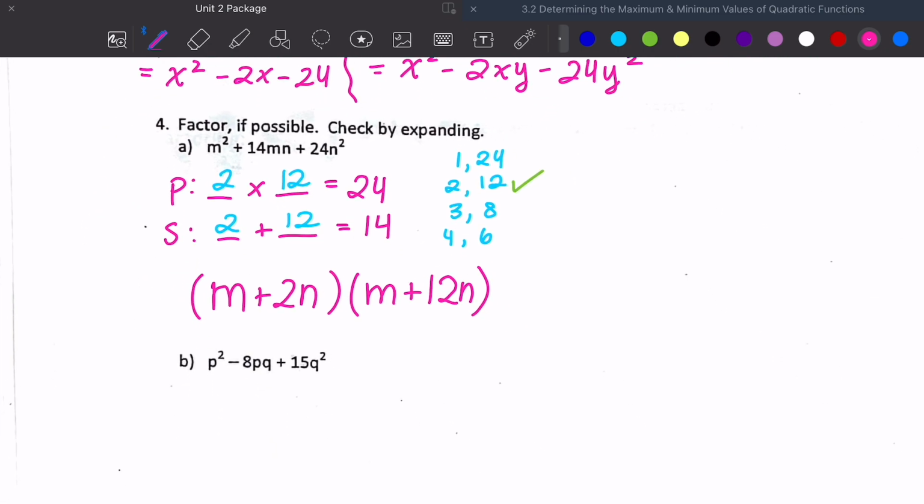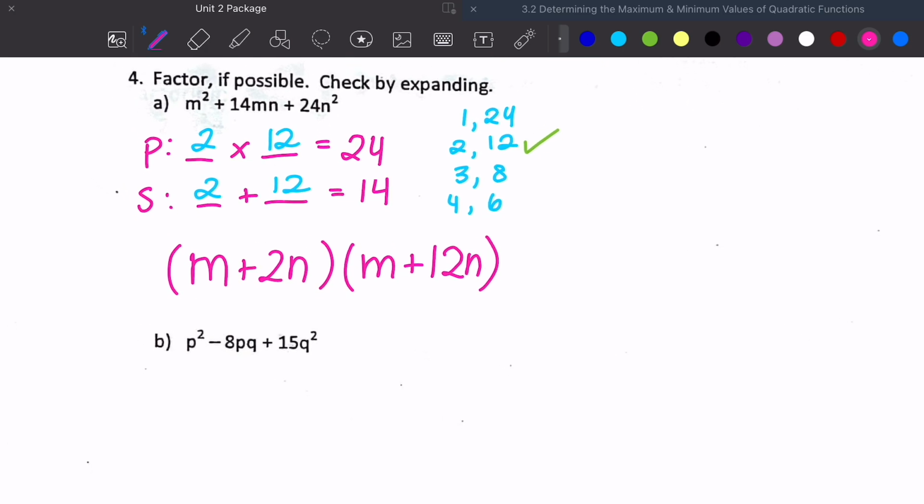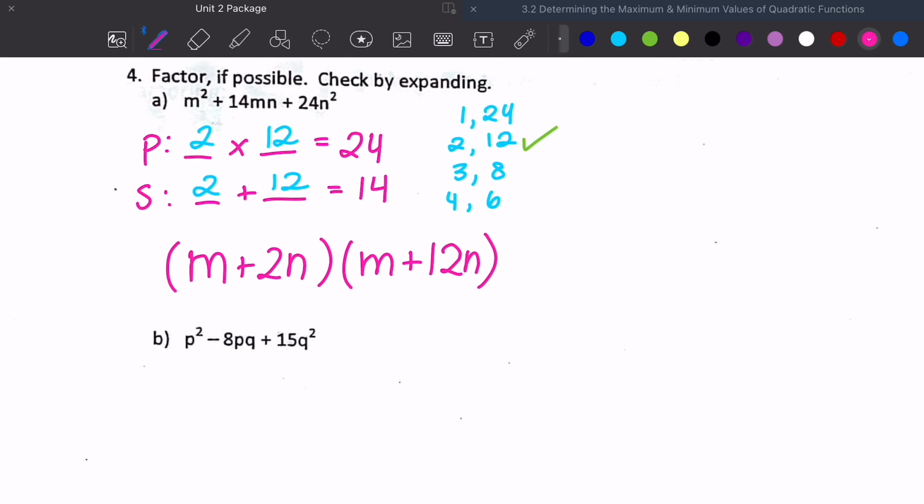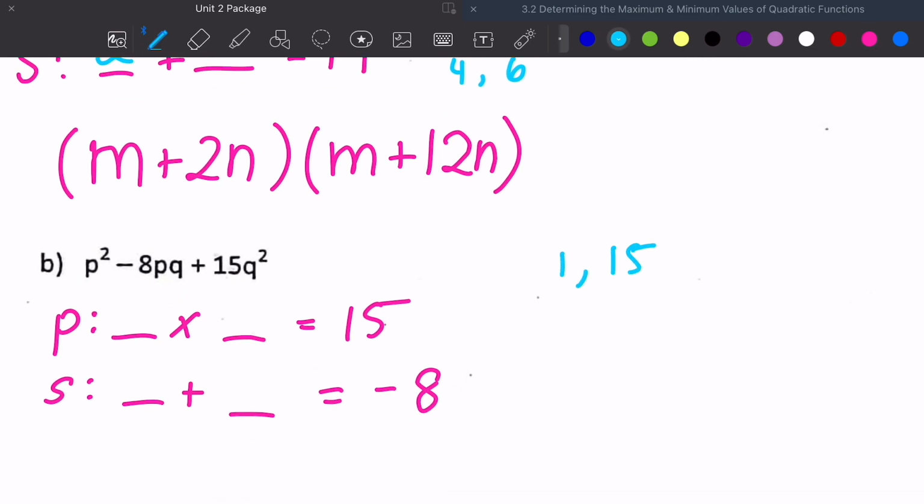Cool. Okay, what about the p one that I got below here? All right, my product is going to be 15. Thank you, Georgia. And my sum, what's my sum going to be? Minus 8. Evan, you think? Negative 8. Okay, now all the things that can make 15. 1 and 15 to start.